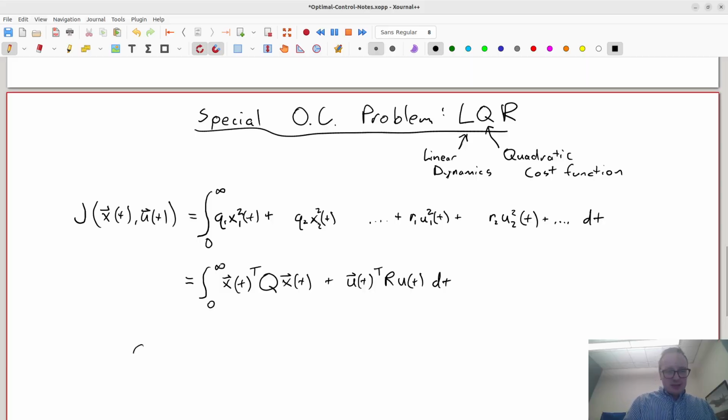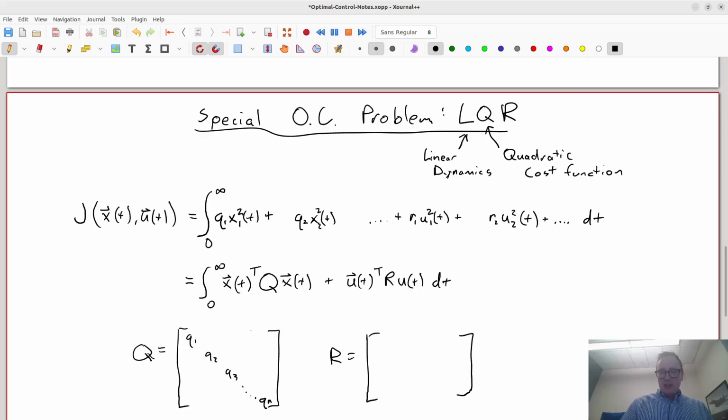In this case, Q is a diagonal matrix with these Q weights, the weights for the different states: Q1, Q2, Q3, etc., for all of the states that you have, all the way down to Qn. And then R is a diagonal matrix of R1 down to Rm, depending on how many control variables and state variables we have.